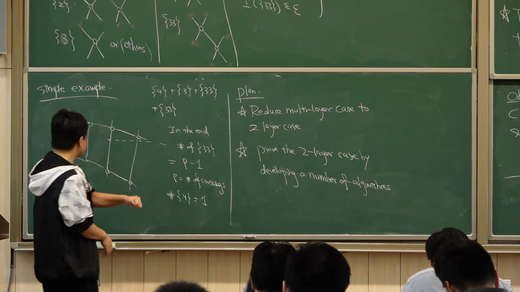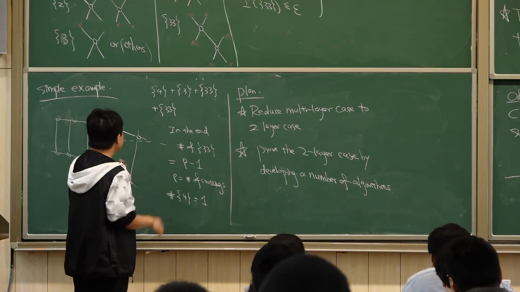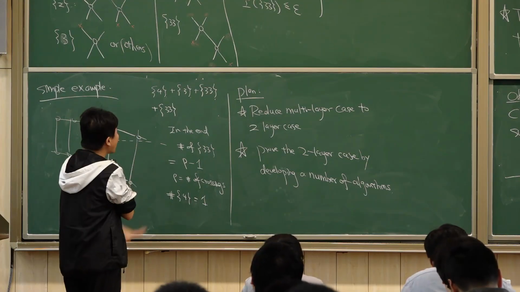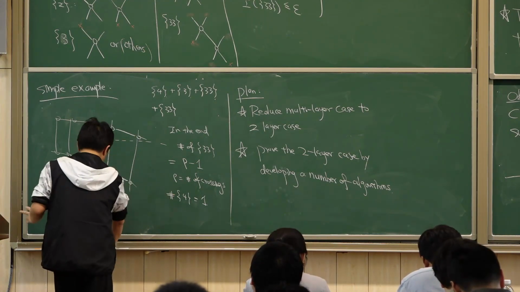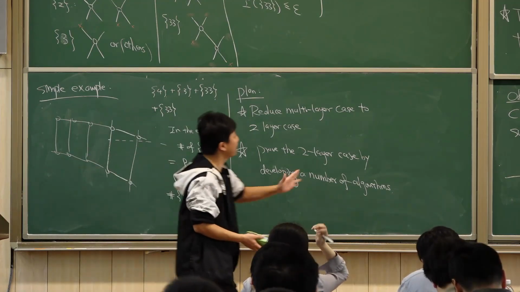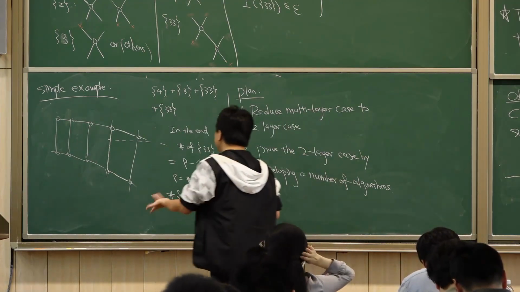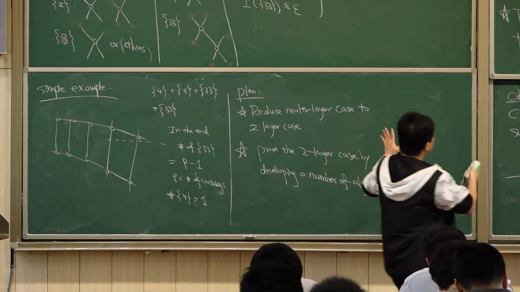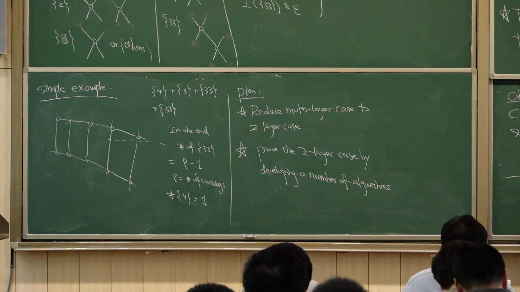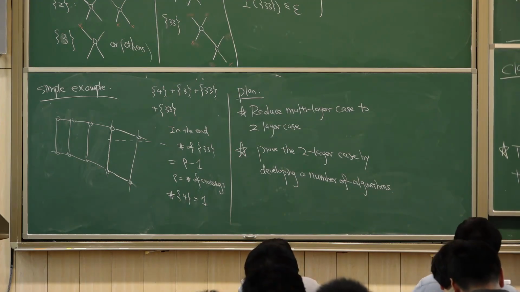Okay, so this is the plan. So let's start with the general case. Let's draw a 3-layer case. Maybe we can draw even more, a 4 or 5-layer case, and see what's the idea of reducing to a 2-layer case. So remember, what is a 2-layer case? A 2-layer case is like this.